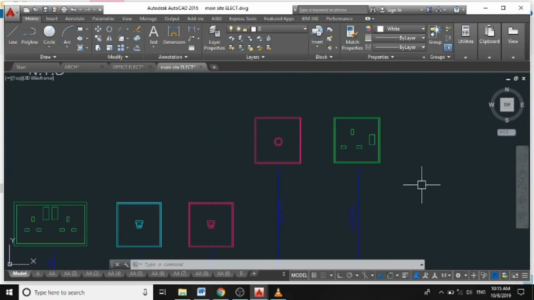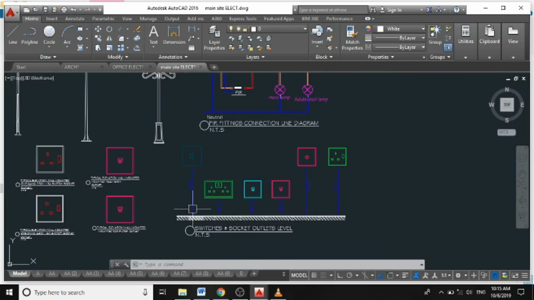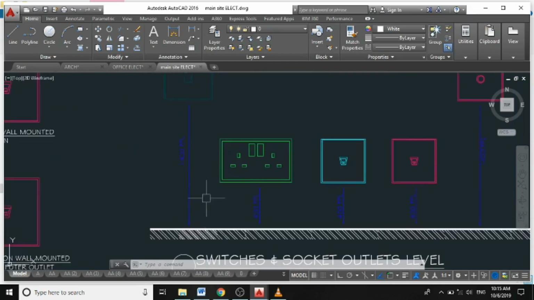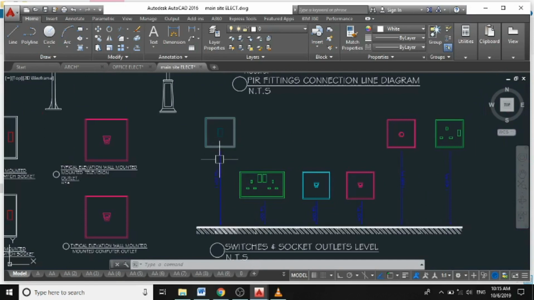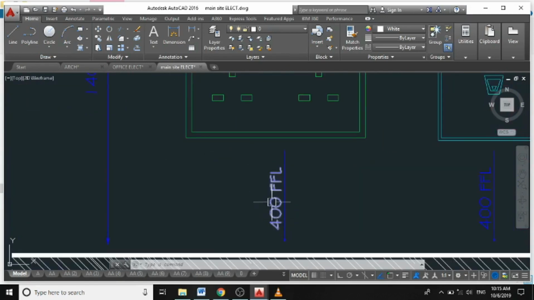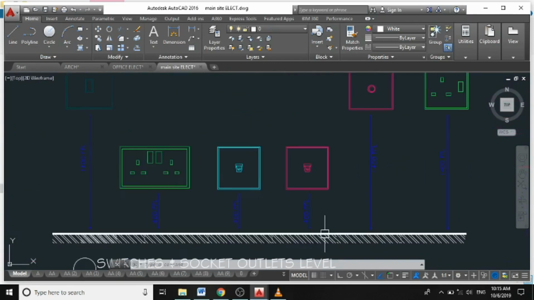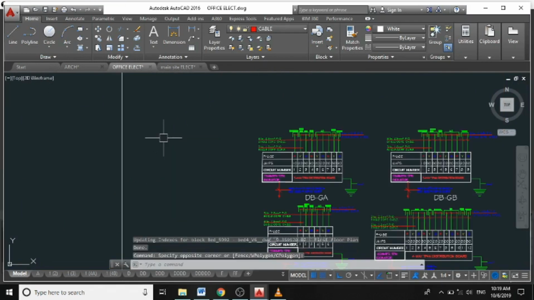I'm not having the switch here. So in my installation details, I specified the height. So I specified 1400 millimeter for them, and the one at the low level I specified 200 millimeter for them. So that's how an installation looks like.